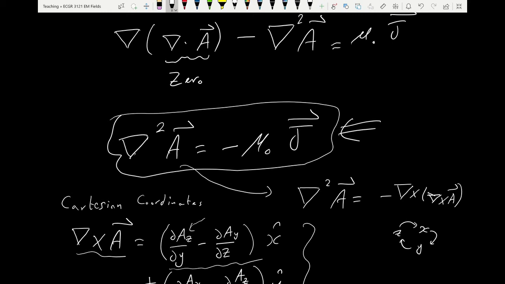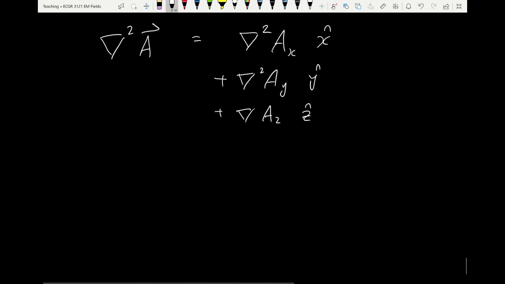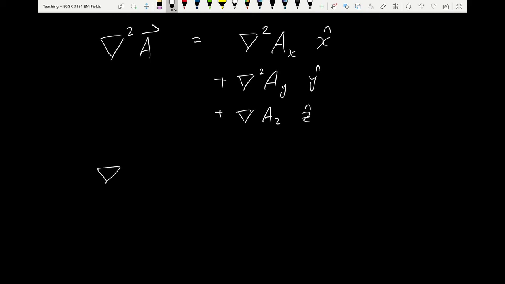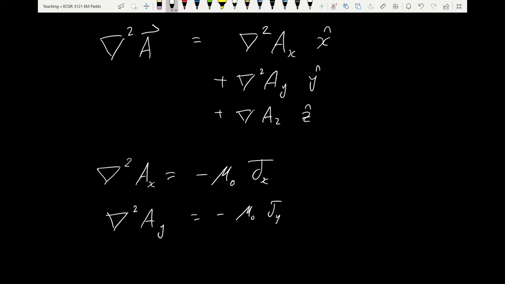Comparing components on the right hand side and the left hand side, we get the equations that we need to solve to find the x, y, and z components of A. The Laplacian of Ax, taking just the x component of A as a scalar field and finding its Laplacian, should be equal to minus mu naught Jx, the x component of the current density. The Laplacian of Ay equals minus mu naught Jy, and the Laplacian of Az equals minus mu naught Jz.